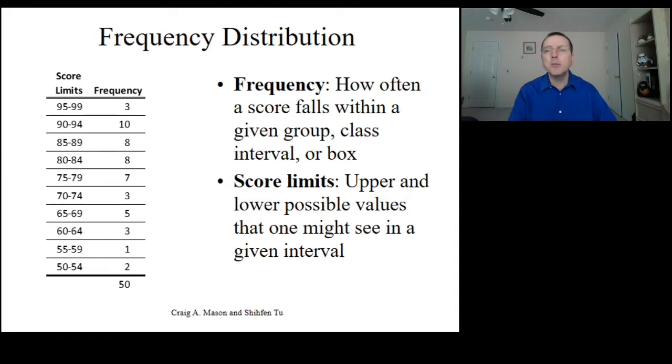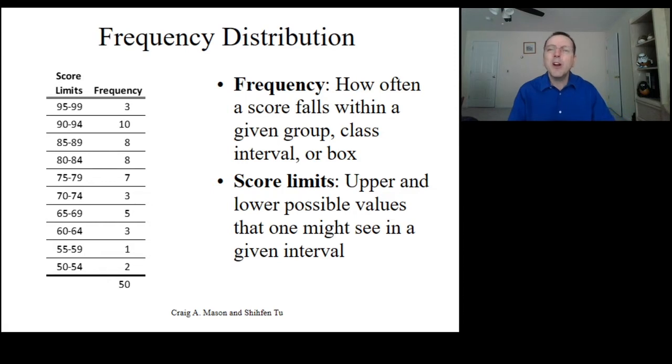In this case, I think groupings of 50 to 54 and 55 to 59 and 60 to 64 and 65 to 69 makes more sense than, say, 52 to 58, then 59 to 65, and 66 to 72.